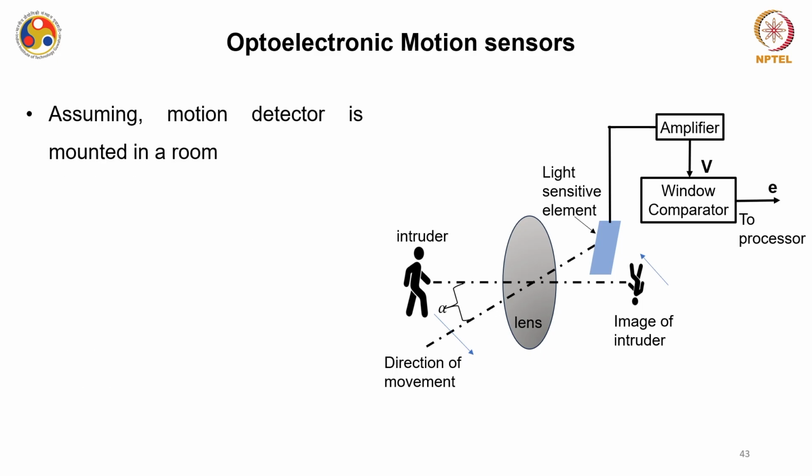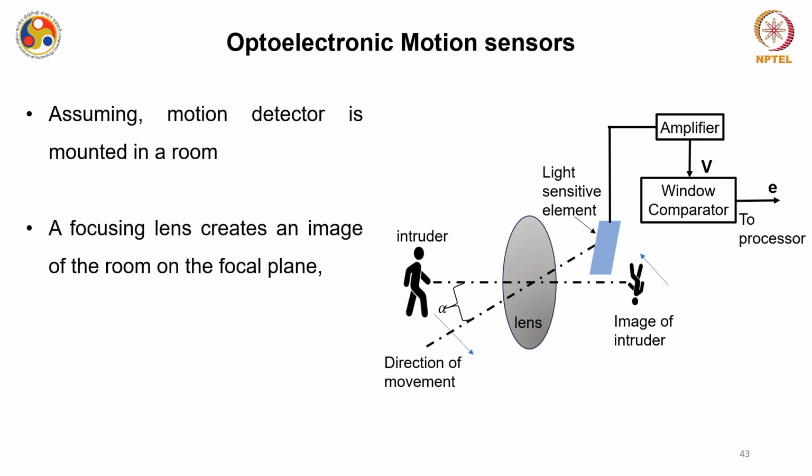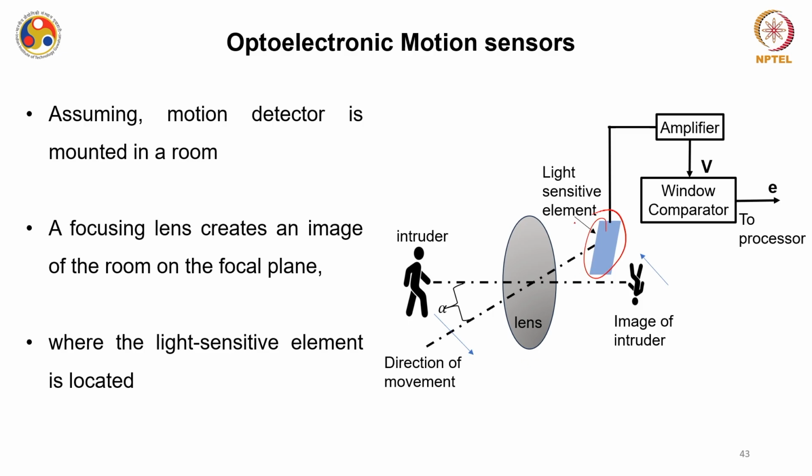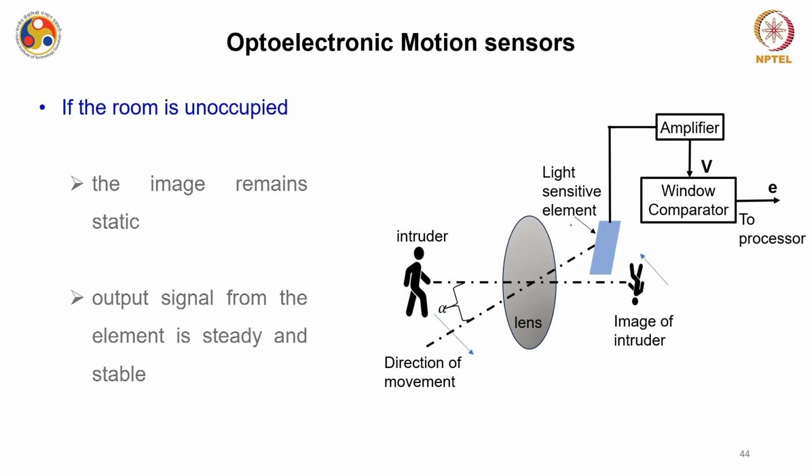Assuming the motion detector is mounted in a room, a focusing lens creates an image of the room on the focal plane. At that place the light sensitive element is located, something like this. So you have a lens system and you are focusing the light on this light sensitive element. If the room is unoccupied, the image remains static.